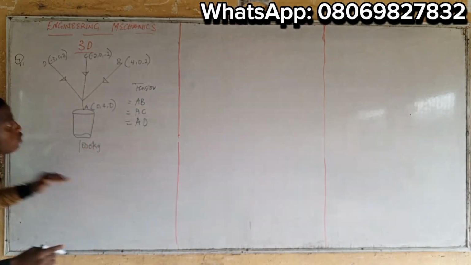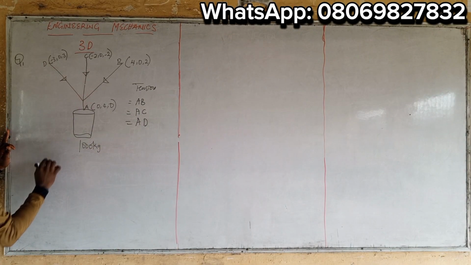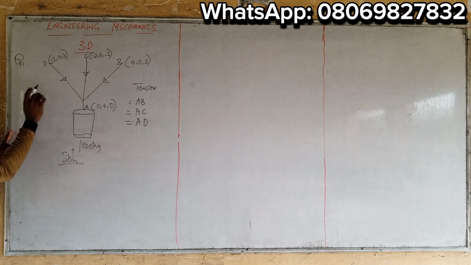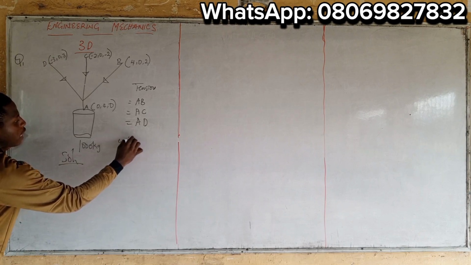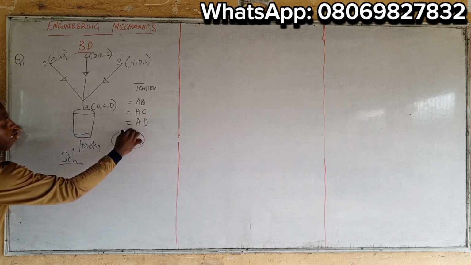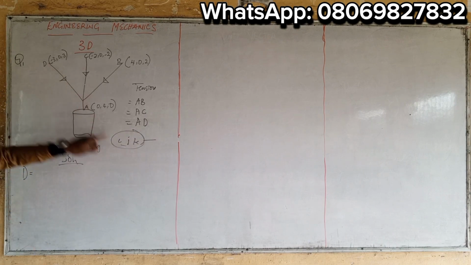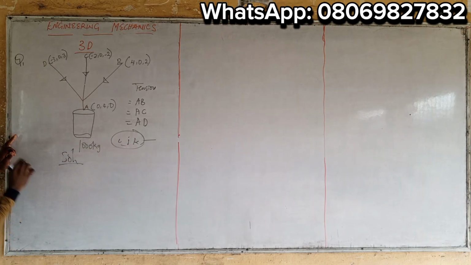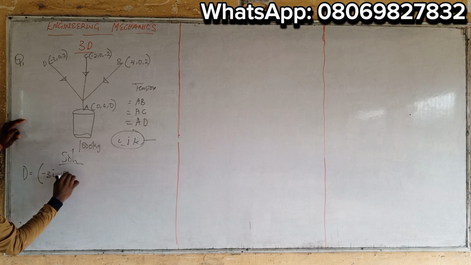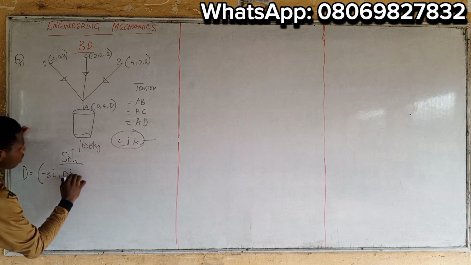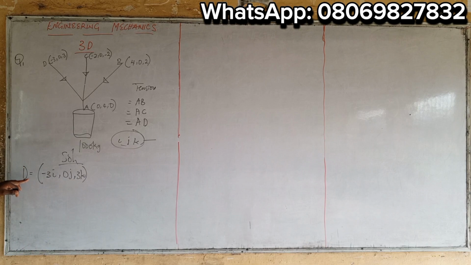To do that, you simply write the coordinate given to you and add I, J, and K. At point D, we simply have -3I, 0J, and 3K. So you succeeded in converting point D to a vector coordinate.